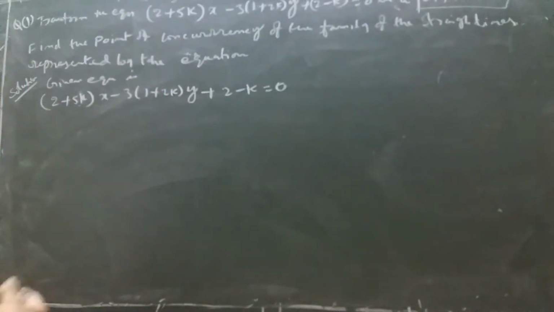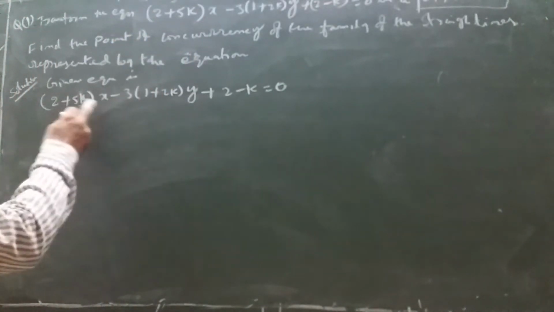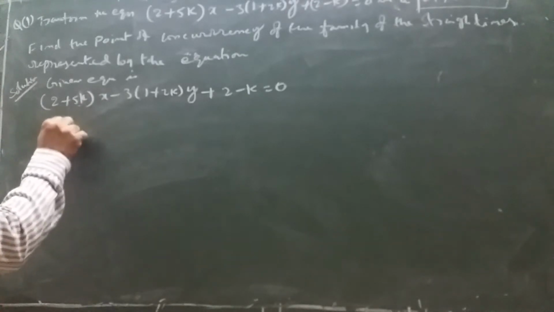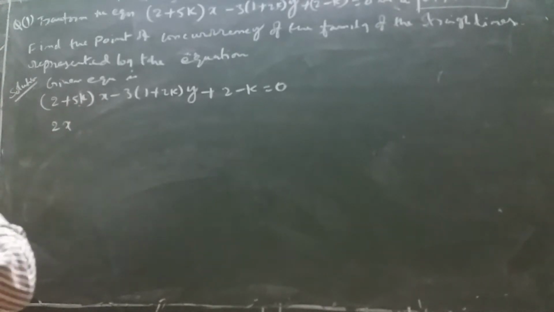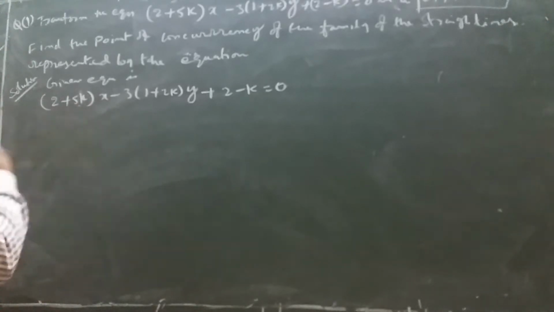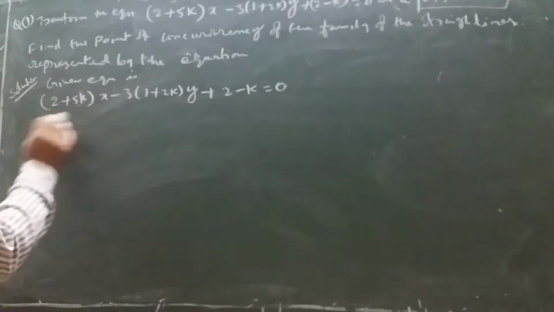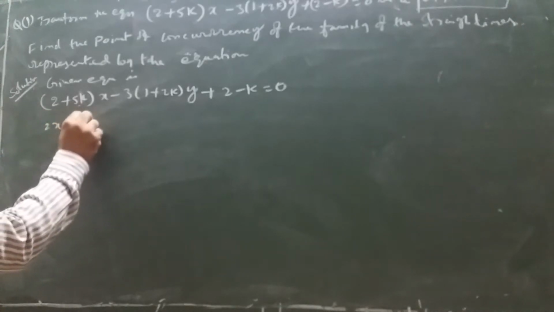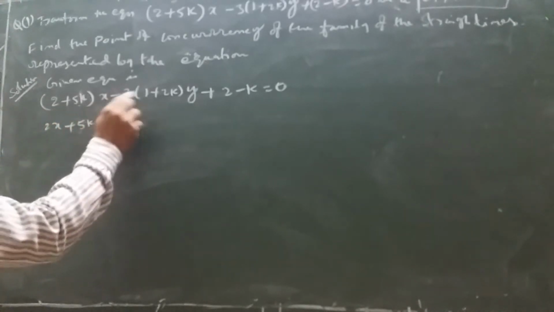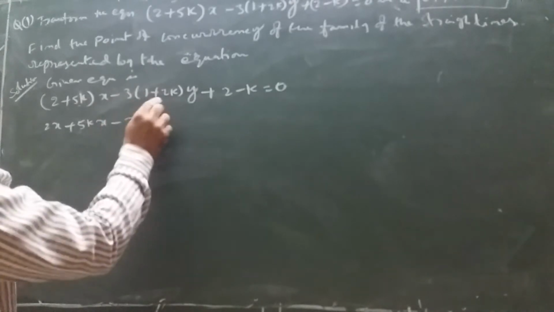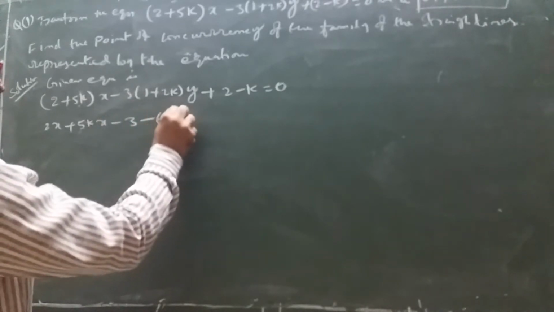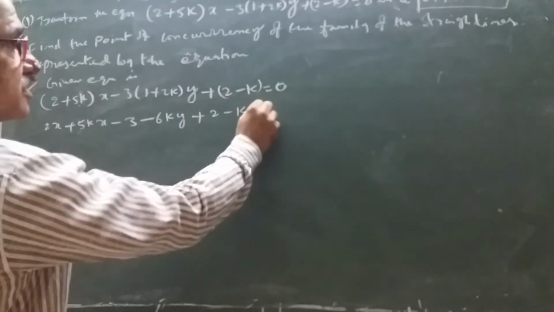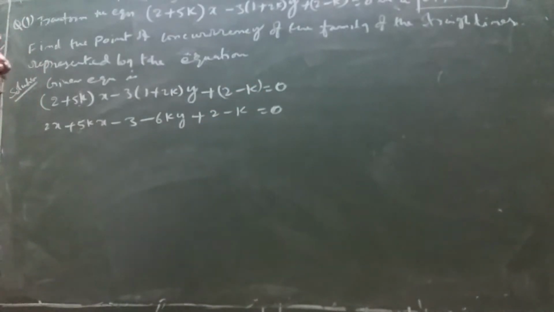Now first take without lambda. 2 into x, 2x. Removing brackets: 2x plus 5kx minus 3y minus 6ky plus 2 minus k is equal to 0.